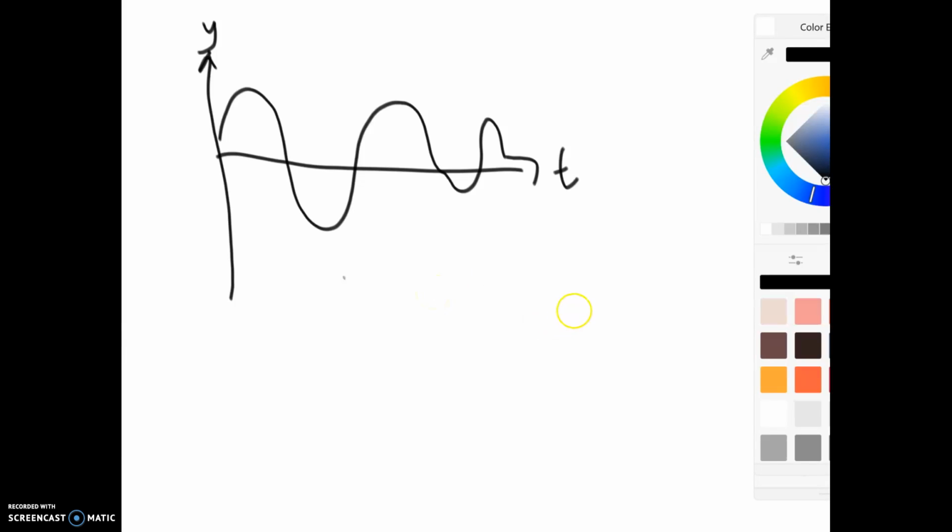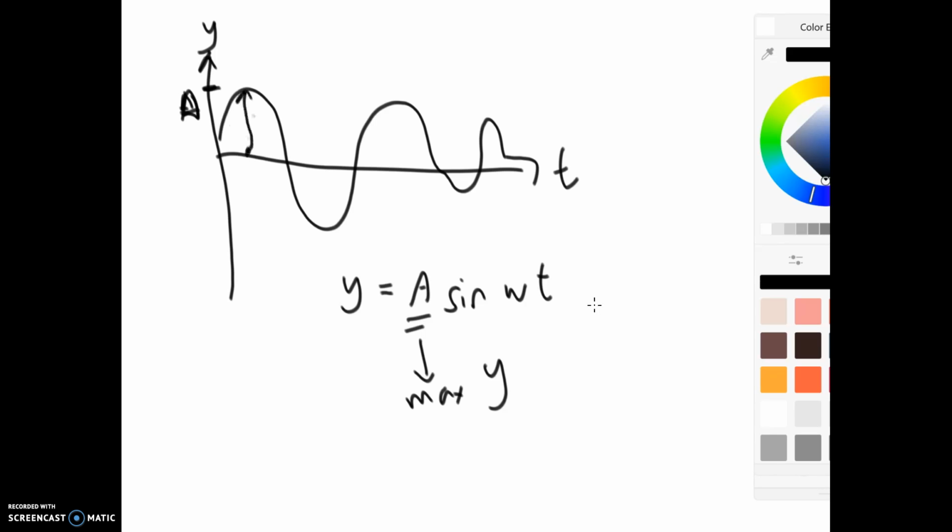So we have the equation y equal to A sine omega t. A is the maximum displacement, from this position to the maximum point. Then we have omega. From omega we can deduce the period.